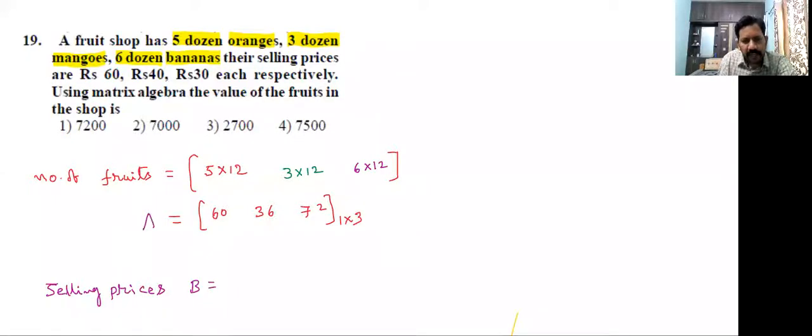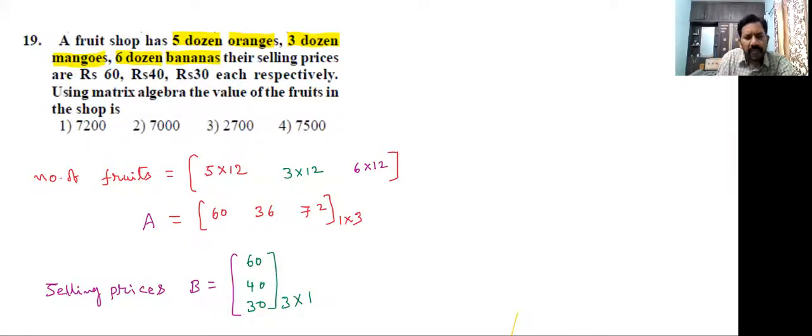This is matrix A. Here I am writing a column matrix. What is the selling price here? 60 rupees, 40 rupees, 30 rupees. This is the B matrix. What is the matrix order? 3 by 1.